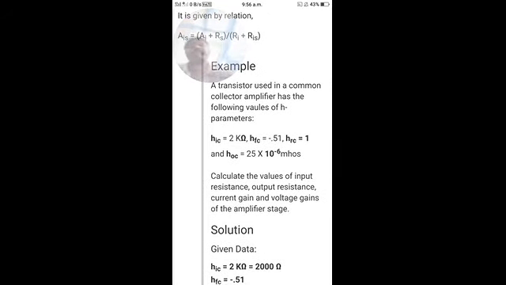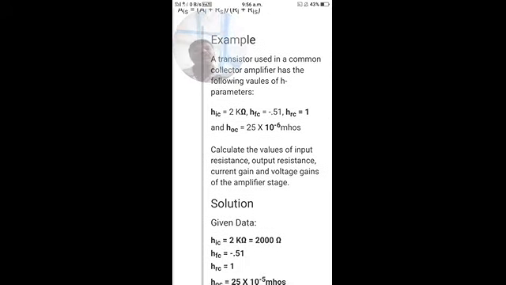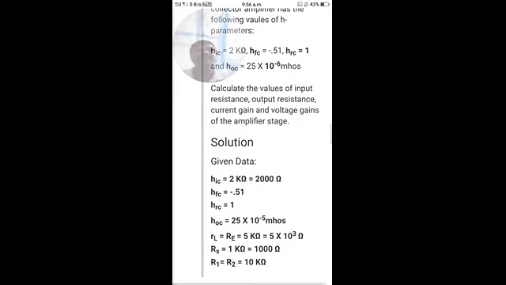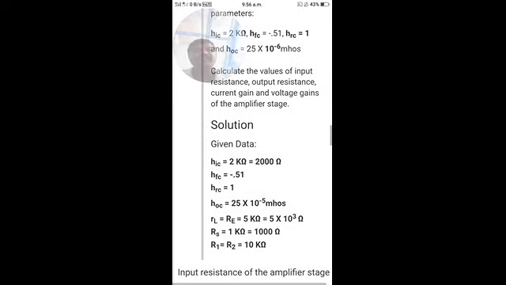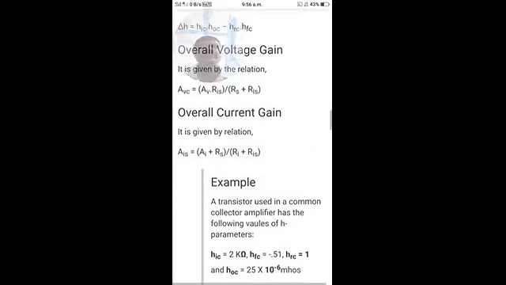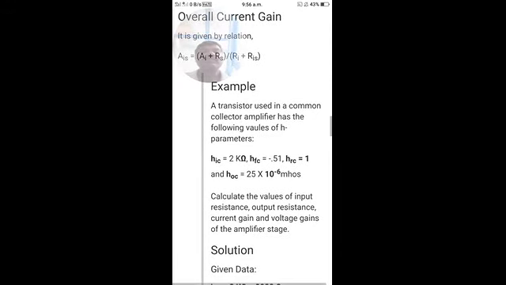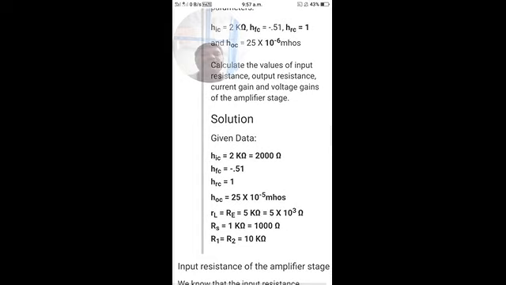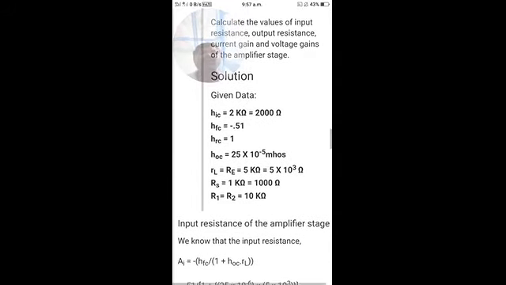Here the given data is HIC 2 kilo ohms, 2000 ohms, HFC minus 51, HRC is 1, reverse voltage gain is 1, HOC 25 into 10 power minus 6 mhos. RE is 5 kilo ohms, RS source resistance 1 kilo ohm, 1000 ohms, R1 and R2 both are 10 kilo ohms.